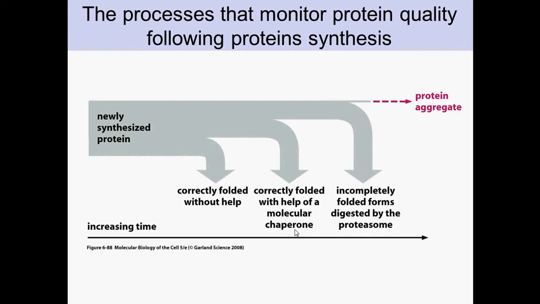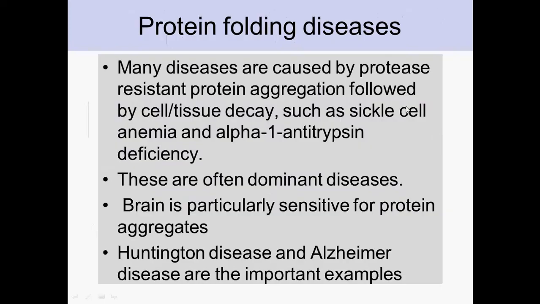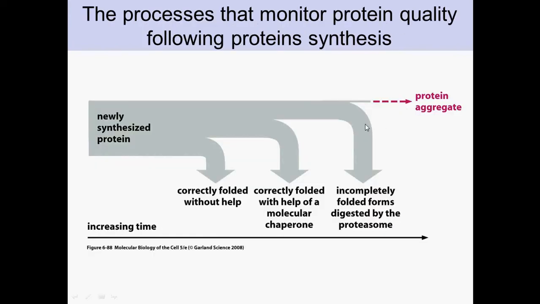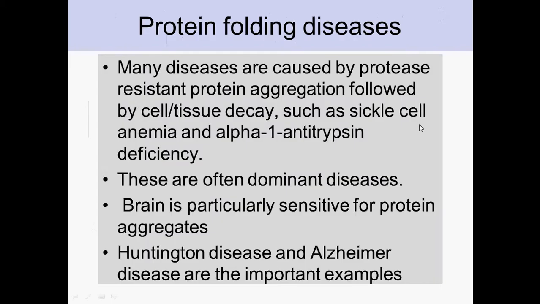Or else, if it's not folded correctly and it's not broken down by the proteasome, then you have a protein aggregate, like in mad cow disease. There are many diseases caused by proteases and protein aggregates. One disease is sickle cell anemia, and these are often dominant diseases because as soon as you have the gene for that, it's going to make the protein, and the protein is going to create aggregates.